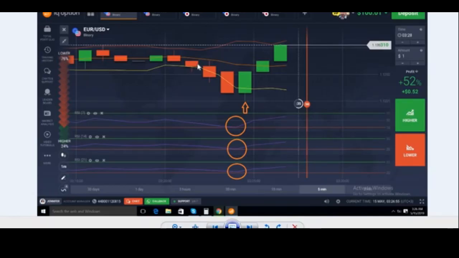Sometimes it forms with a small tail. It closed below this band. This red candle is extra large compared to the candles before, the 3 or 4 candles before. Here there's a signal for reversal. You call, and the market changes to move upwards. I hope you understand.